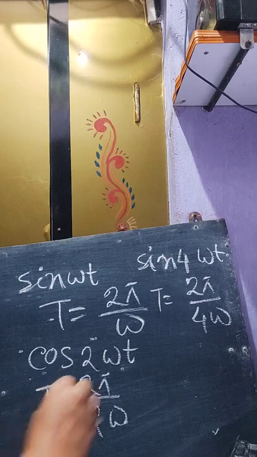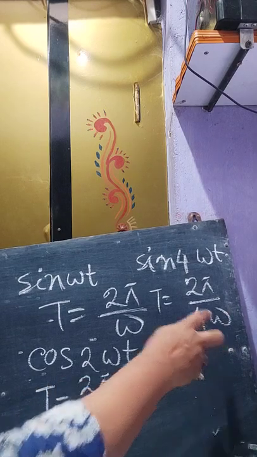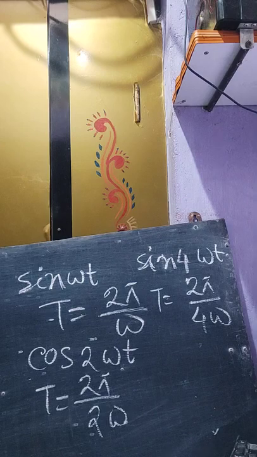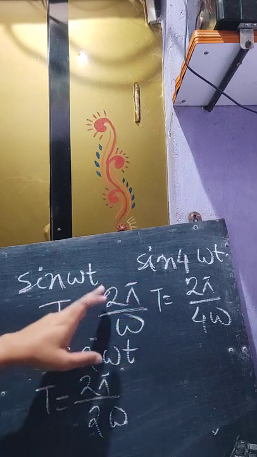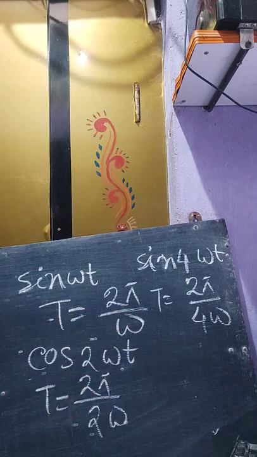So here the time period will be T by 2, here it will be T by 4, like this. The least value is this and the others are just multiples of this term. So, this is the concept of periodic function according to Fourier.